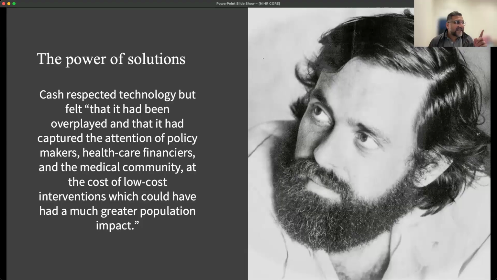But there was something really interesting someone had written in the Lancet about Professor Cash, which was that Cash respected technology, but felt that it had been overplayed and that it had captured the attention of policymakers, healthcare financiers, and the medical community at the cost of low-cost interventions, which could have had a much greater population impact.